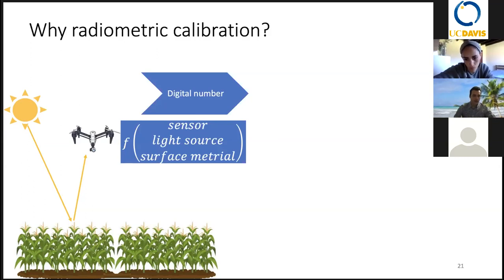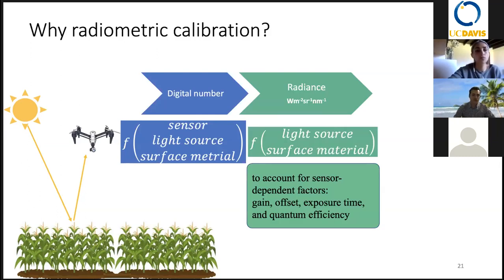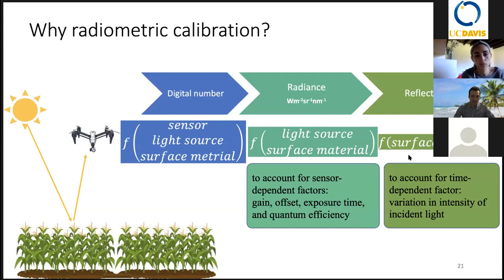Sensors usually record in digital number, that means just the voltage that a sensor measures, but we need to convert that to reflectance. To do that, we first need to convert them to absolute radiance, and then we need to convert them to reflectance. This middle part, converting to radiance and then converting to reflectance, is usually ignored by many applications.